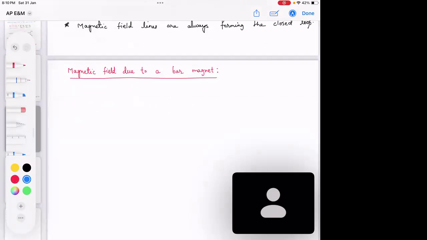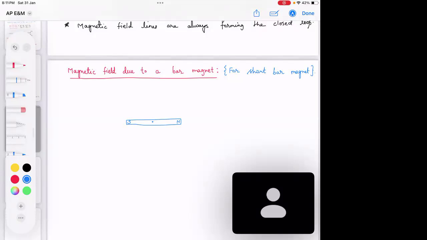Here we are writing the formula for a short bar magnet. There are two important points where we have to write the magnetic field. One is called the axial point, the other is called the equatorial point, right? And we are going to measure the distance of the point from where?